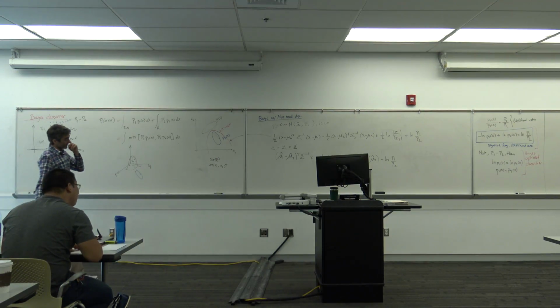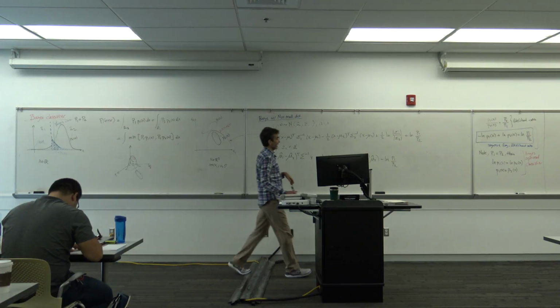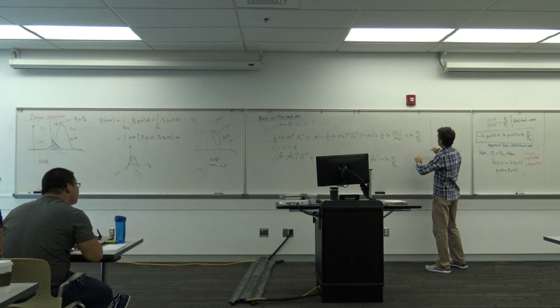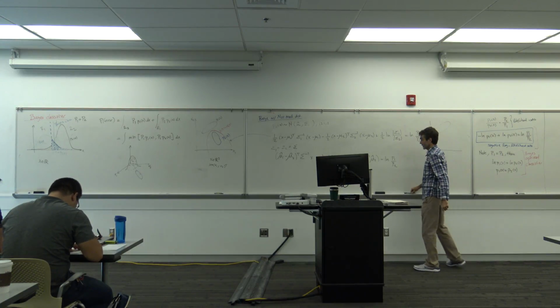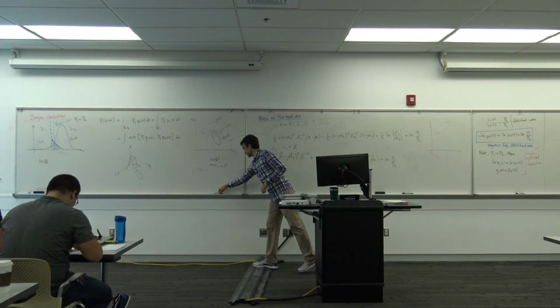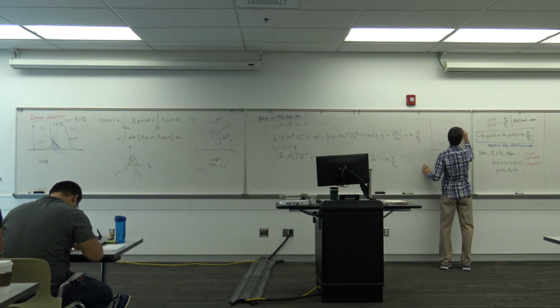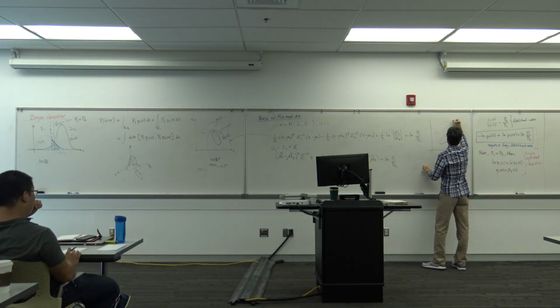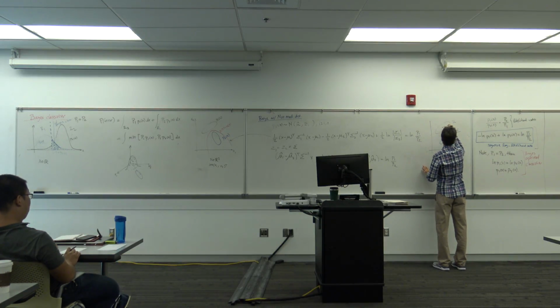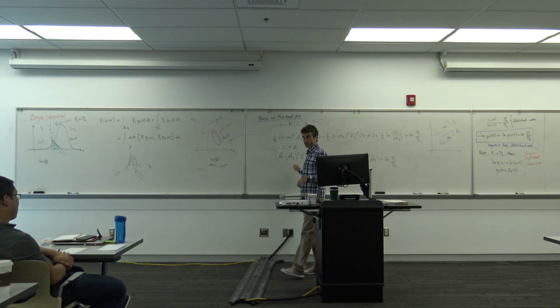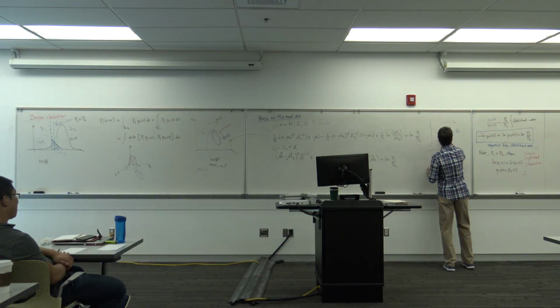Therefore, in that particular case, where these two distributions I've drawn here have the same covariance matrix but different means, mu1 and mu2, this equation is linear, meaning that the classification boundary is going to be a hyperplane.